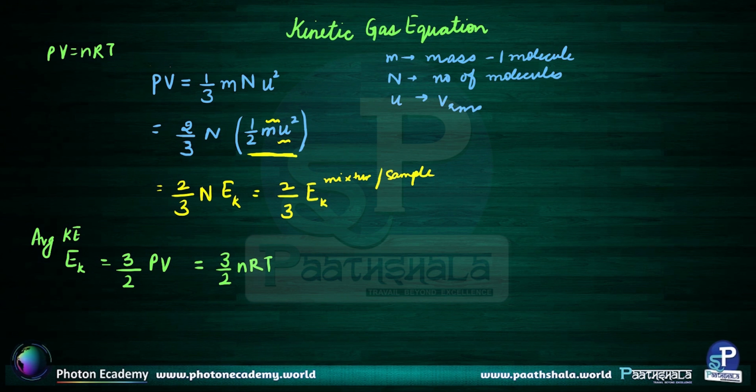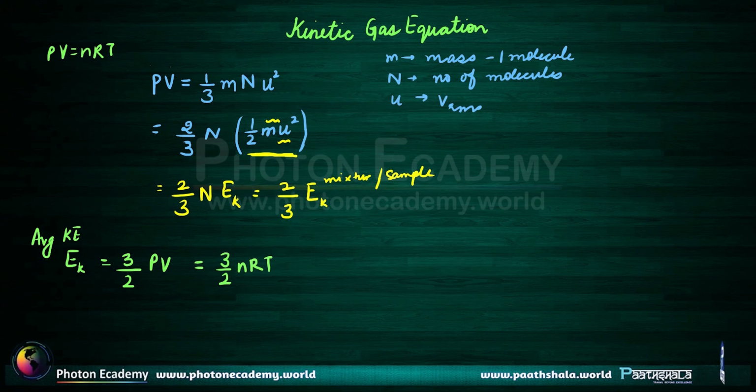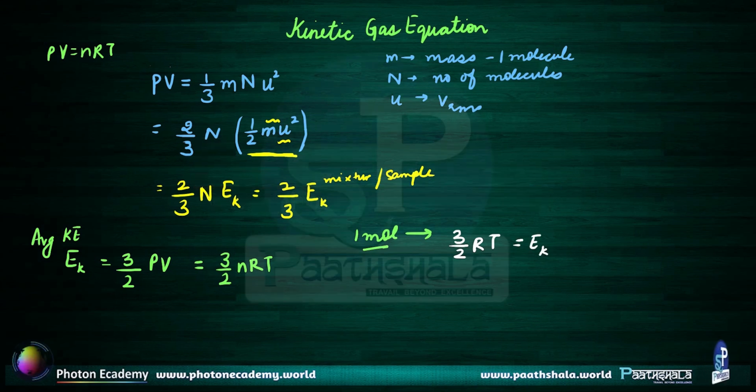So the average kinetic energy for 1 mole, that is the value of n would be 1, and so the expression for 1 mole would be 3 by 2 RT. So this is the average kinetic energy of the sample when 1 mole of it is taken.